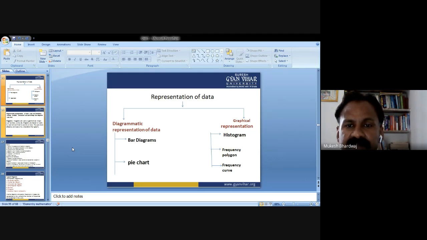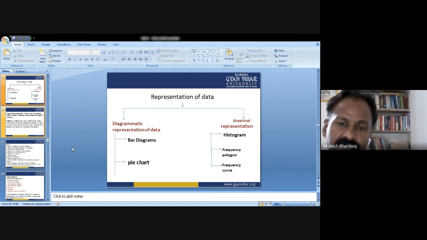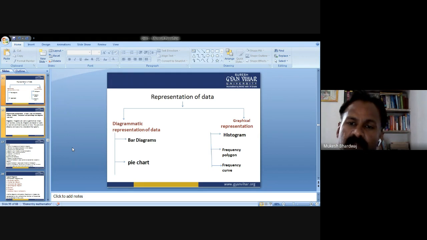And the second representation method is graphical representation, in which histogram, frequency polygon, frequency curve or ogive are graphical representations. So these are the methods to represent the data in the form of diagrams or in the form of graphs.